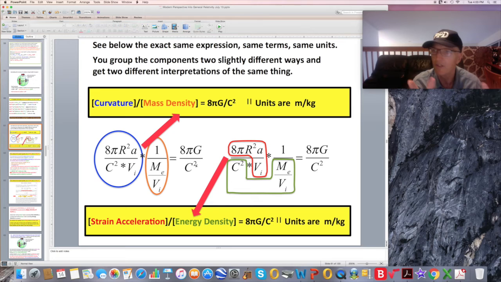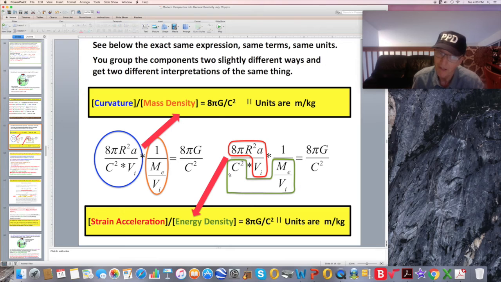Well, we just calculated it before. What's the big deal? Well, watch this. On the same expression, on the right-hand side, if I group it and take 8 pi r squared a, same thing, divide by the initial volume, but I kicked the c squared out, don't want it this time.